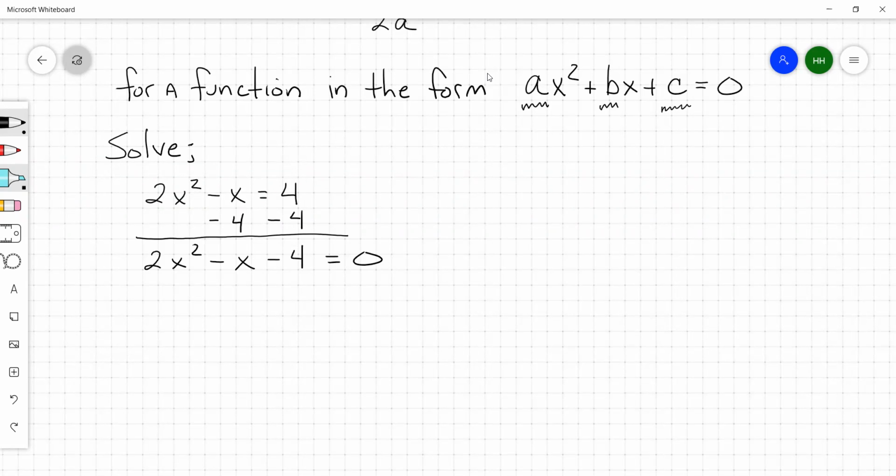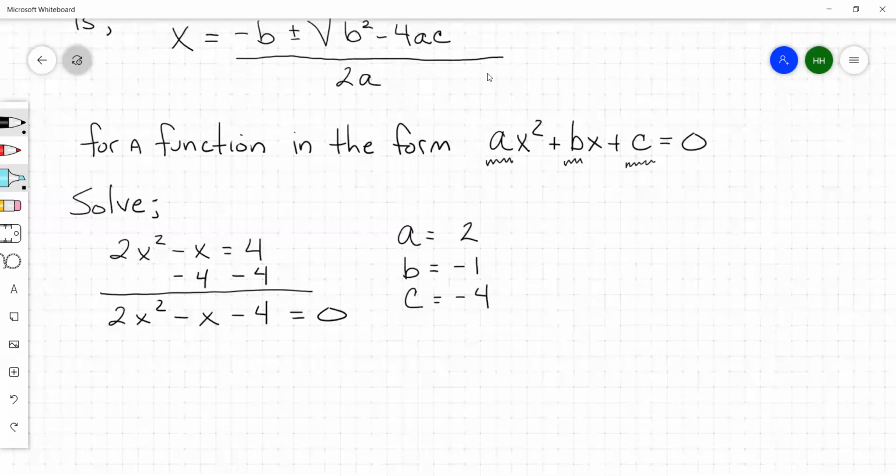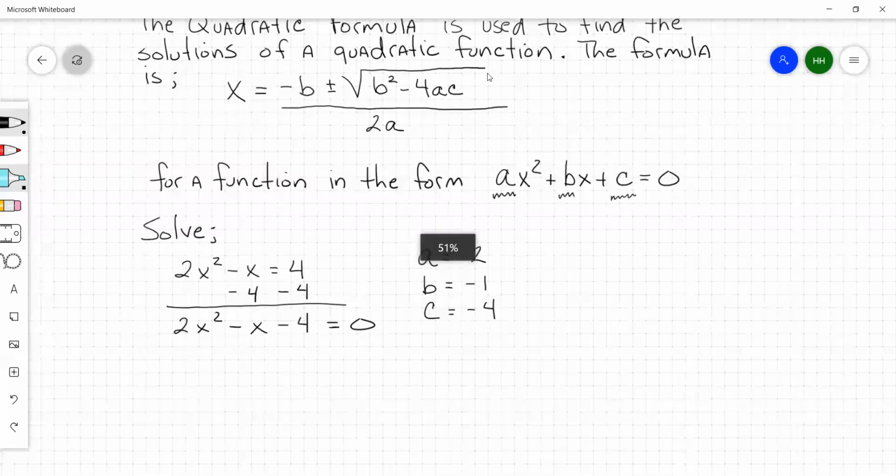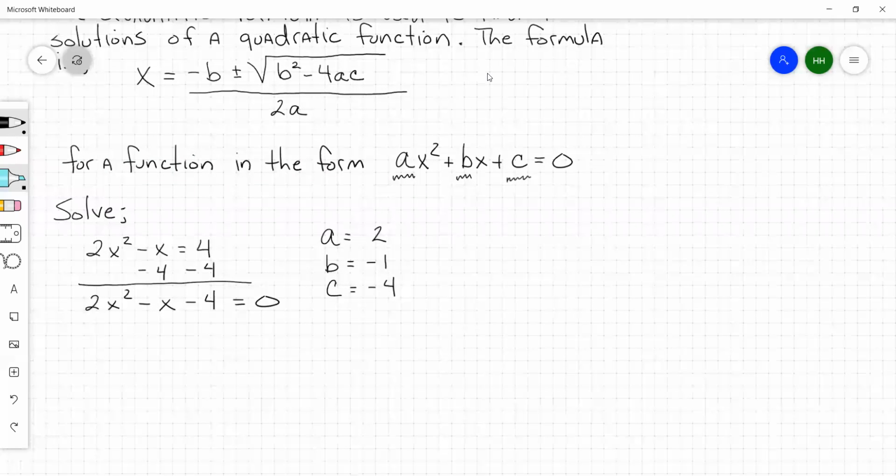The next thing I would do is identify my a, b, and c. So in this case, our a is 2, our b is -1, and our c is -4. And then you take those values and you substitute them into the formula. So we're going to say that x is equal to the opposite of b.